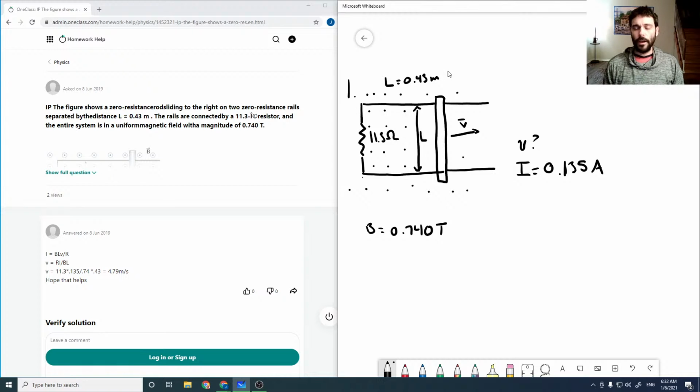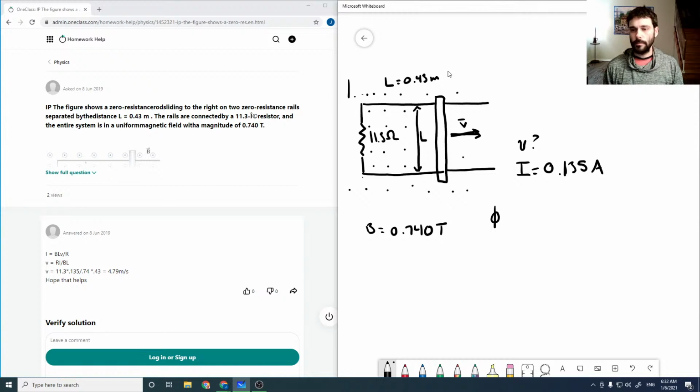So this is a flux and Faraday's law question, where the flux we're dealing with is that within the circuit, and we're dealing with a changing area.